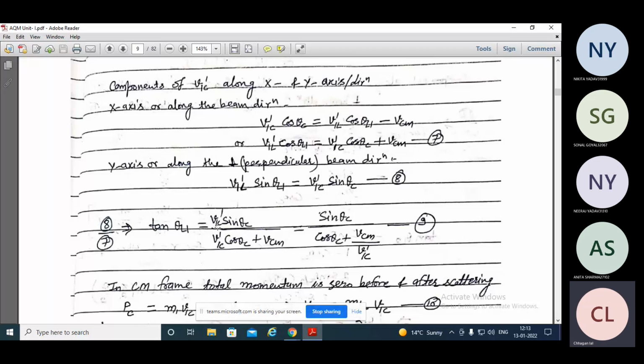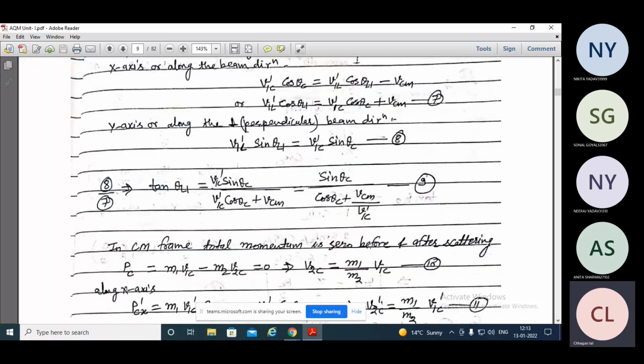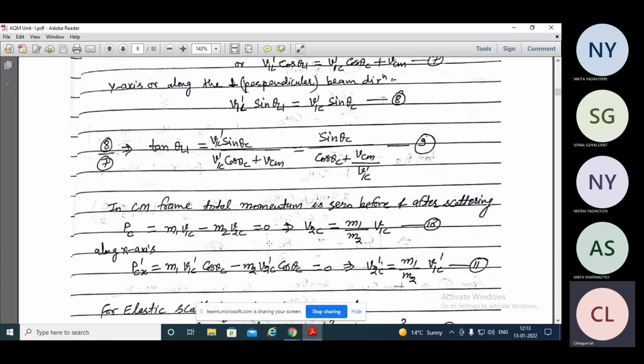Here you can take V1C prime common, and then divide the term VCM by V1C prime. Now this is exactly the same thing, VCM over V1C, as per yesterday's notation, or you can calculate it using the condition that in the system the total momentum is zero before and after scattering.